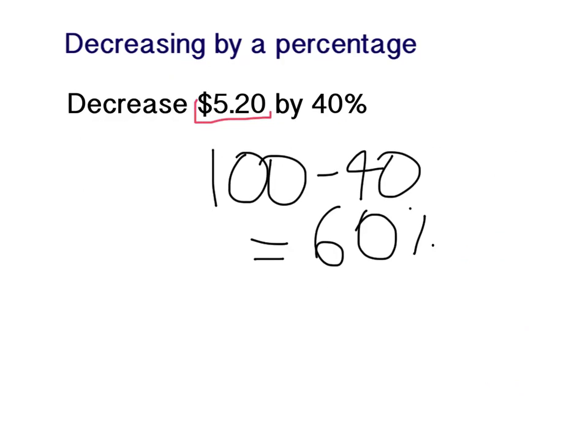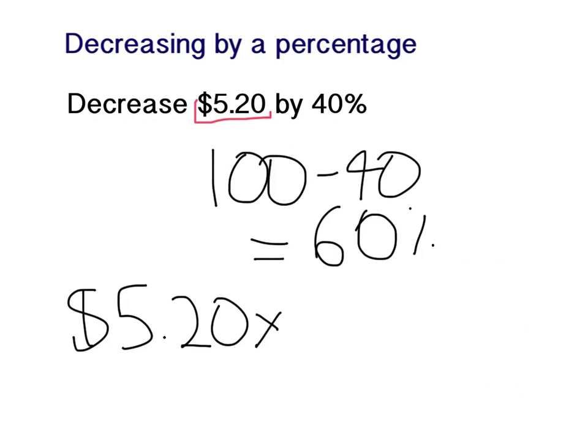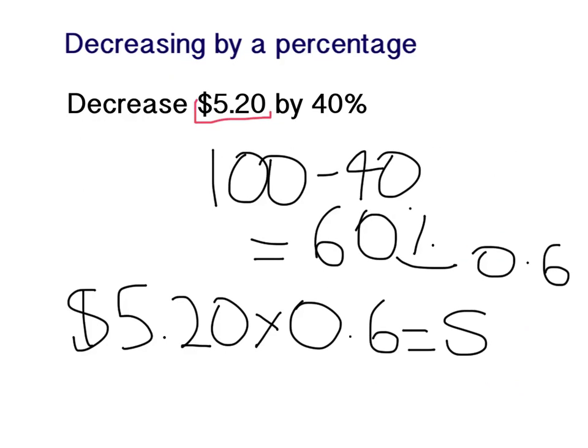So first I've subtracted 40 from 100% to find the percent remaining. Now all I need to do is $5.20 multiplied by, another way to write 60% is 0.6, which equals $3.12. $3.12 is 60% of $5.20, or I've decreased $5.20 by 40%.